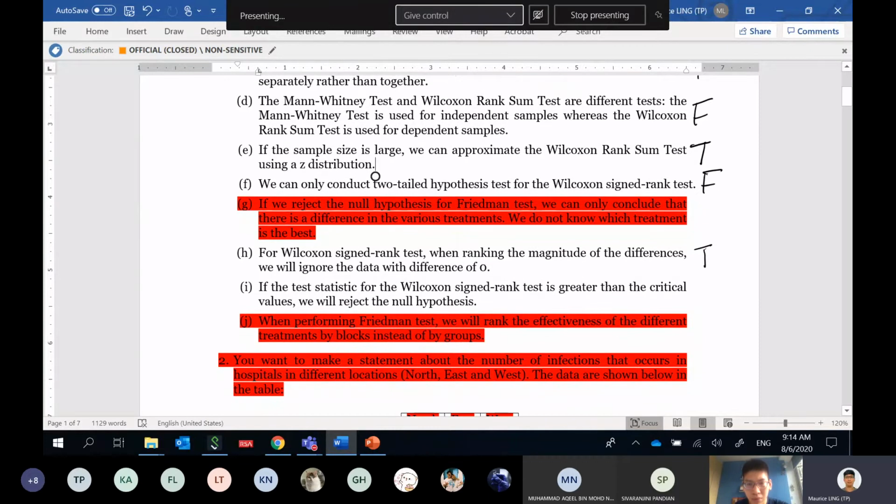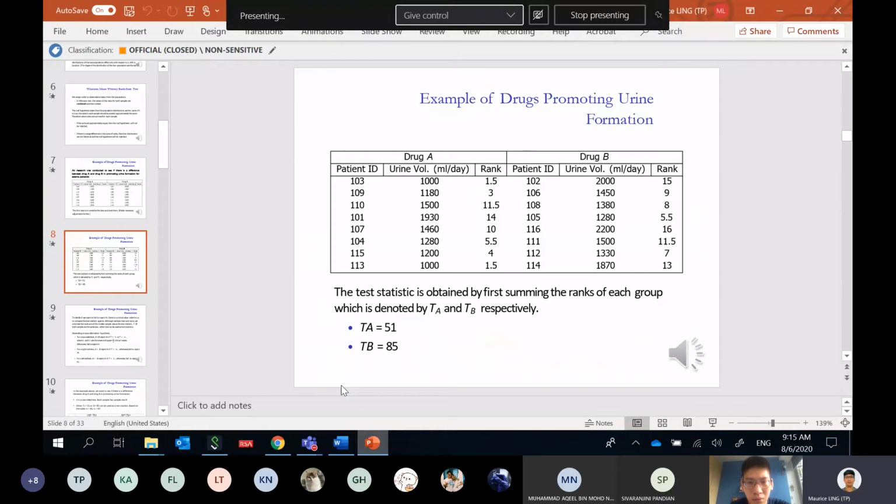Is that true? So, Zul? Test statistics greater than critical values. Sign rank test. So let's go to a sign rank test.